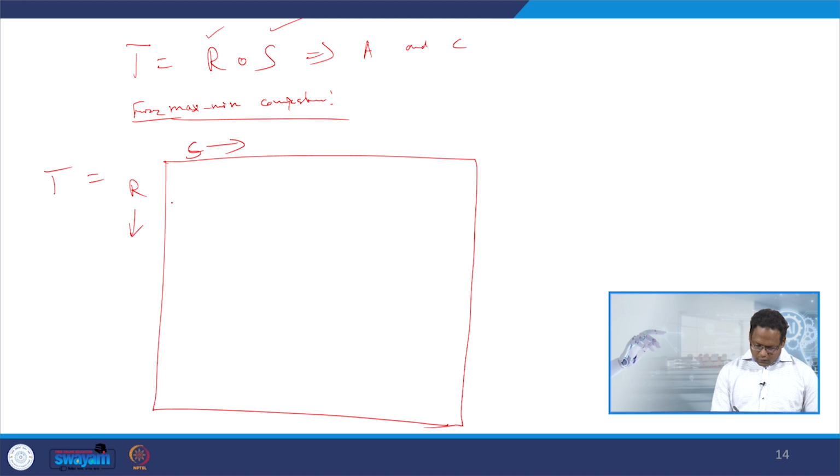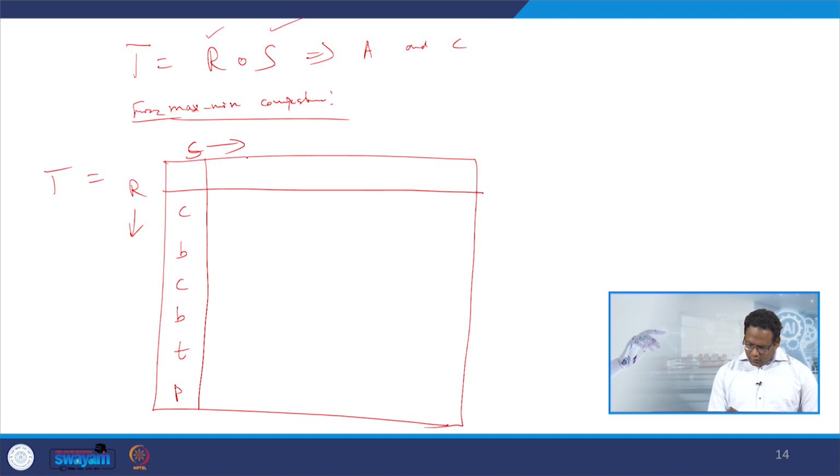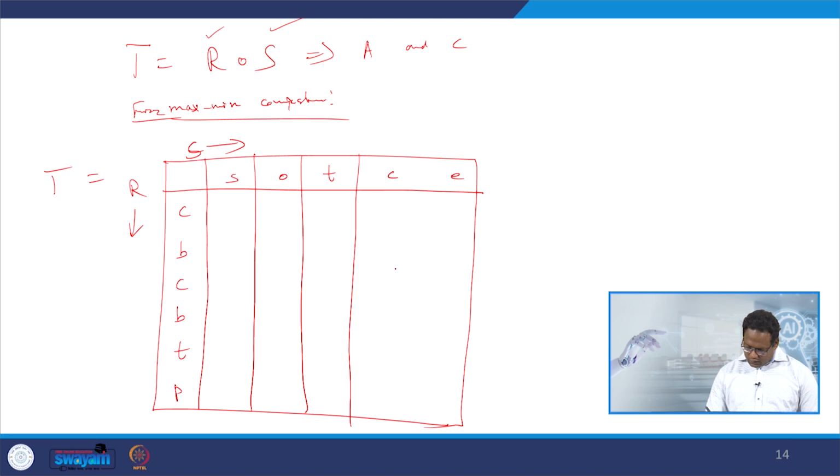R forms the rows and S forms the columns. So, car, boat, church, bike, tree, plateau, and S has square, octagon, triangle, circle and ellipse as the members.